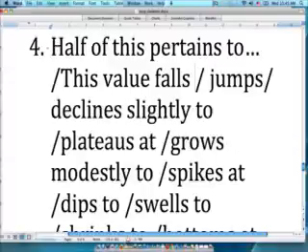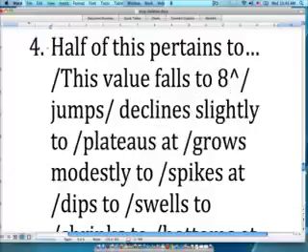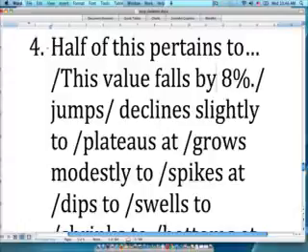For example, if I say this figure falls to 8%, that means that the new value of the figure is 8%. But if I say this figure falls by 8%, that means that the new figure is 8% lower than the old figure. Okay, so don't make mistakes with these little words. They're very important.